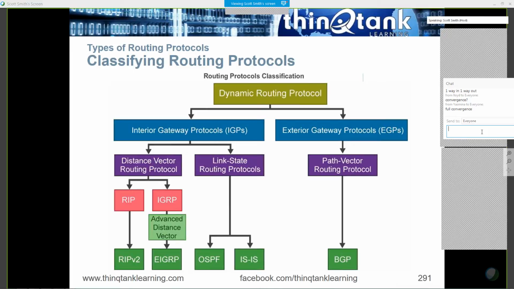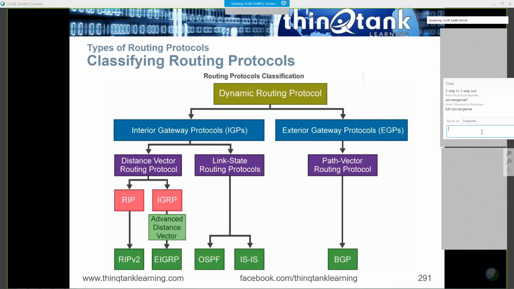It's a protocol that we use to route the internet, essentially. And then we have two subclassifications of our IGP protocols, distance vector and link state. RIP and IGRP are distance vector. RIP version 2 is distance vector.